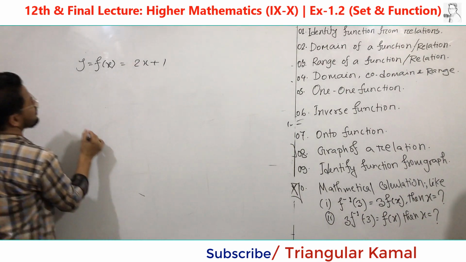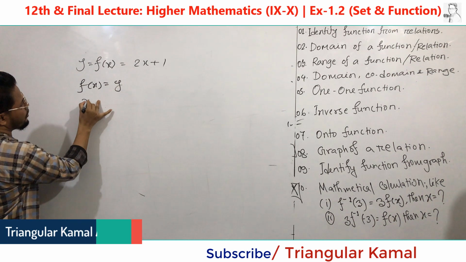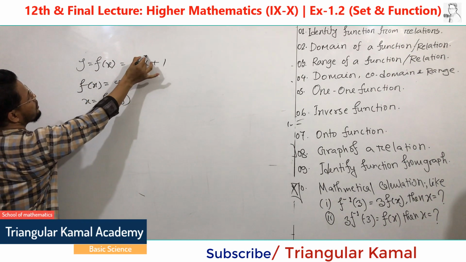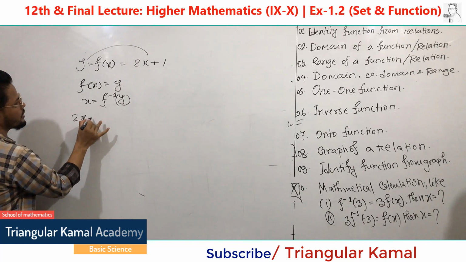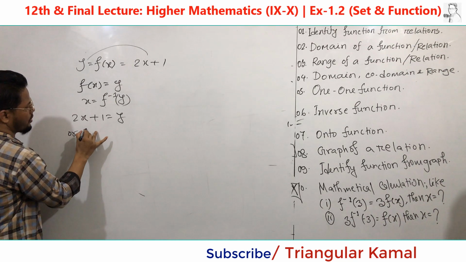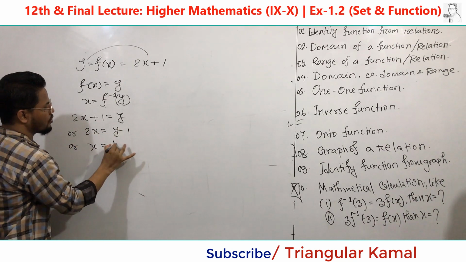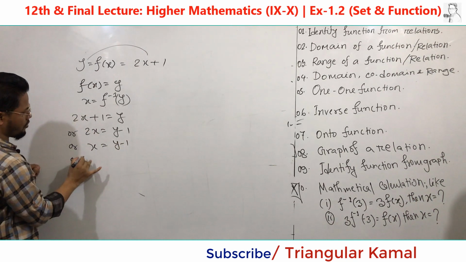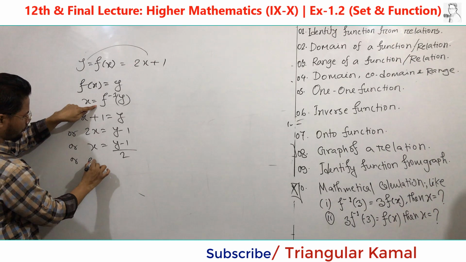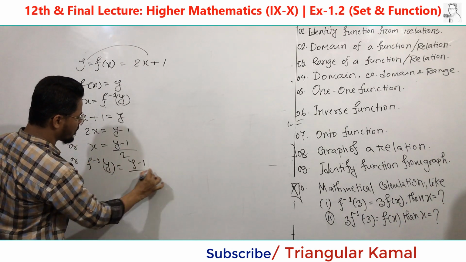Okay, from here we can write f of x equal y, or x equal f inverse y. And again considering this one, twice x plus 1 equal y, or twice x equal y minus 1, or x equal y minus 1 divided by 2. The value of x is f inverse y equal y minus 1 divided by 2.